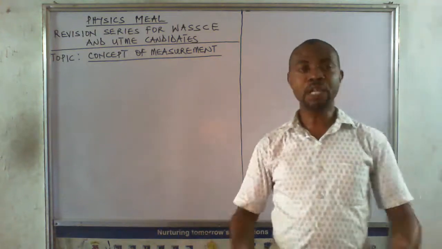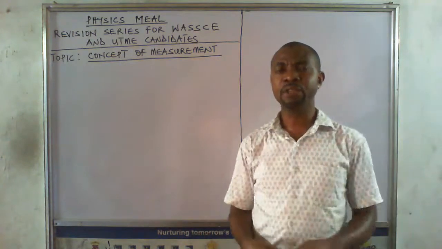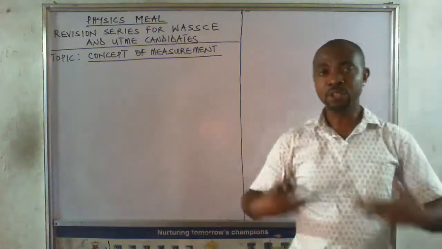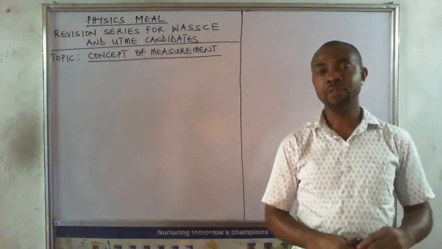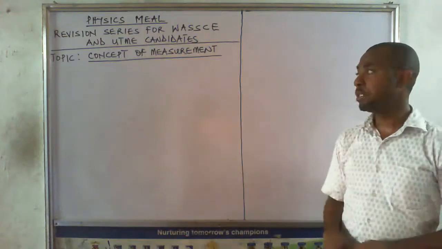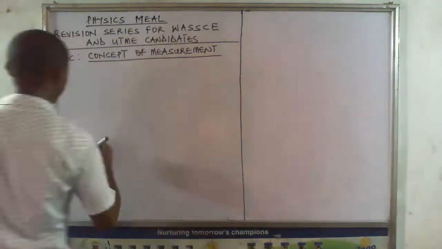So from time to time we carry out measurements. Even the tailor, when you take a cloth material to the tailor, will also take your measurements. So measurement is very, very important in life, and in the sciences we don't joke with measurement. There are three things that are necessary whenever we talk about measurement.